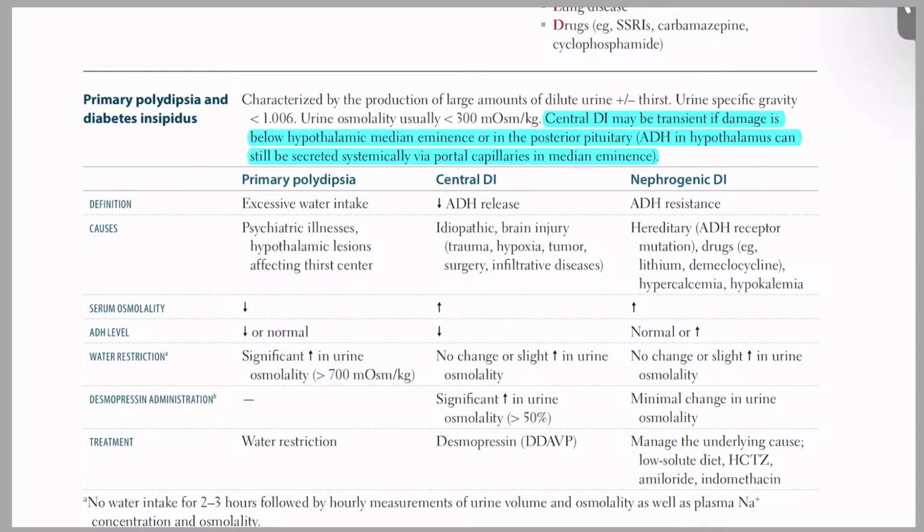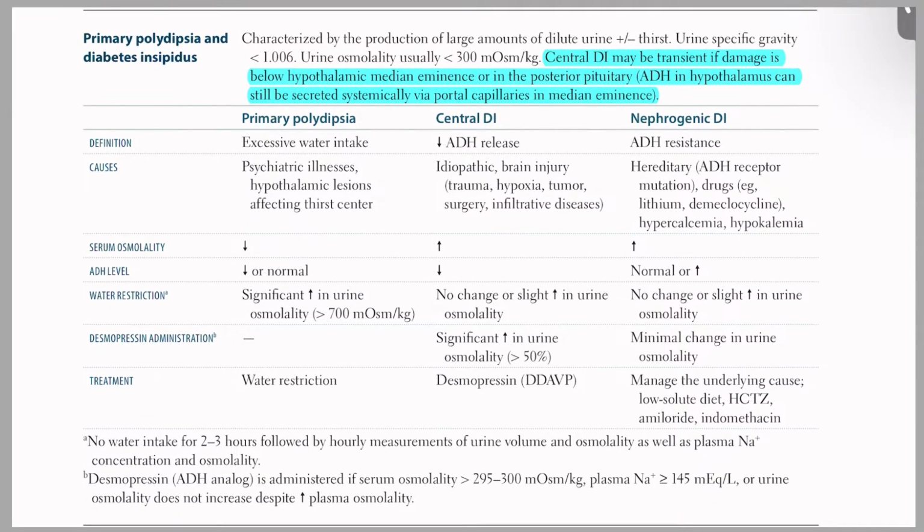Now we have primary polydipsia, central DI, nephrogenic DI. We can study it as a differential diagnosis. We'll see definition, causes, serum osmolarity, ADH level, water restriction, desmopressin administration, treatment.